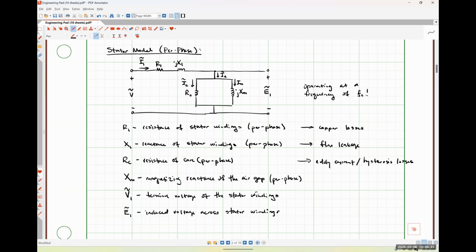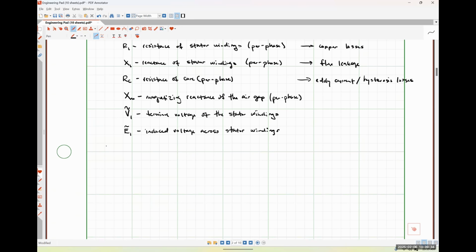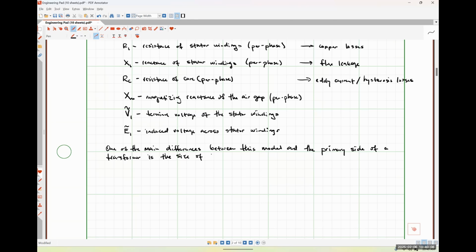So what we're going to wind up seeing, one of the main differences between this model and the primary side of a transformer is the size of the parameters.